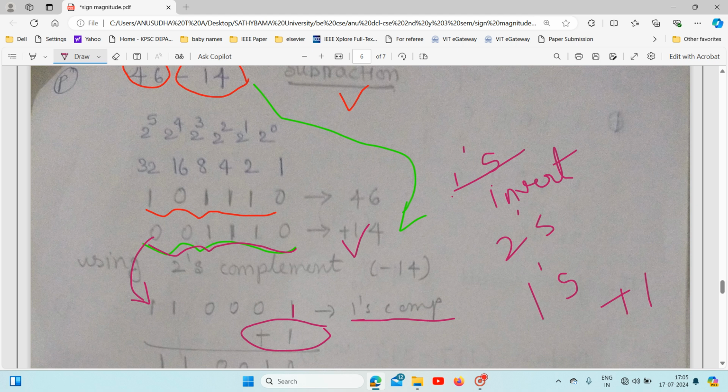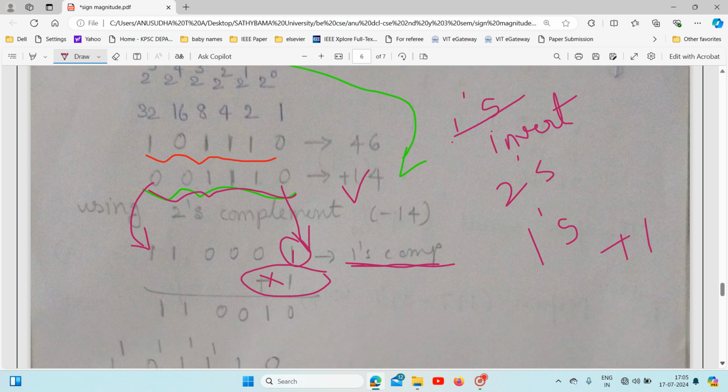See here, first I have taken the complement of plus 14, right? This is the invert operation of plus 14. This is the 1's complement. Then in the LSB, I have to add plus 1, right? So then you will get this result. 1 plus 1, the result is 0. Carry 1, you have to write that carry here.